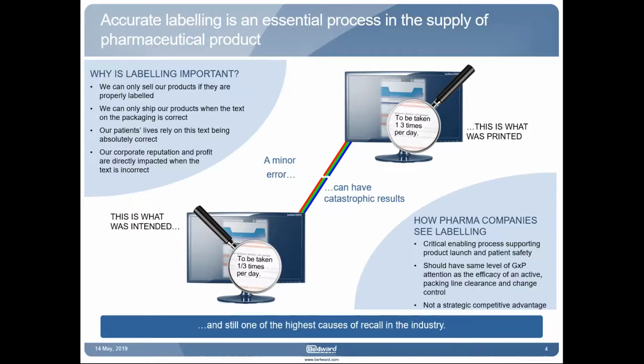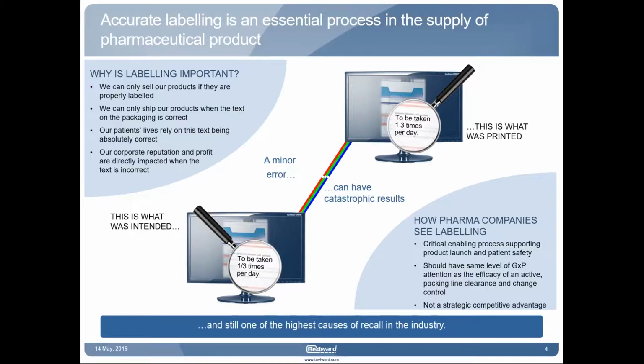If you look at the top left here, so why is labeling important? Well, labeling provides the instruction to patients for how to use the product. Another example that we've seen was a leaflet for eye drops where about half of the text had been incorrectly inserted and was actually the text for how to use an eye syringe.